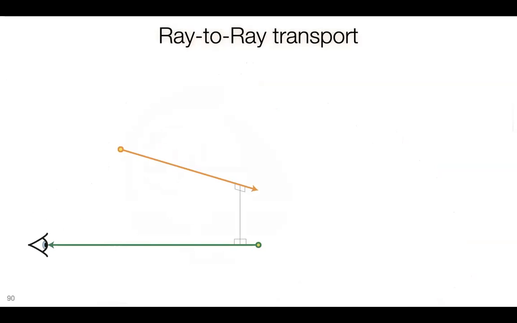Let's look at this ray-to-ray transport in a closer manner. You have this orange ray, which is your virtual ray light, which has a flux phi and length t. The green ray is the camera ray, which has a length of s, let's say. When we compute the corresponding contribution, we are integrating over both the rays, which means we have a double integral going over the camera ray and the light ray, the integral over t here.